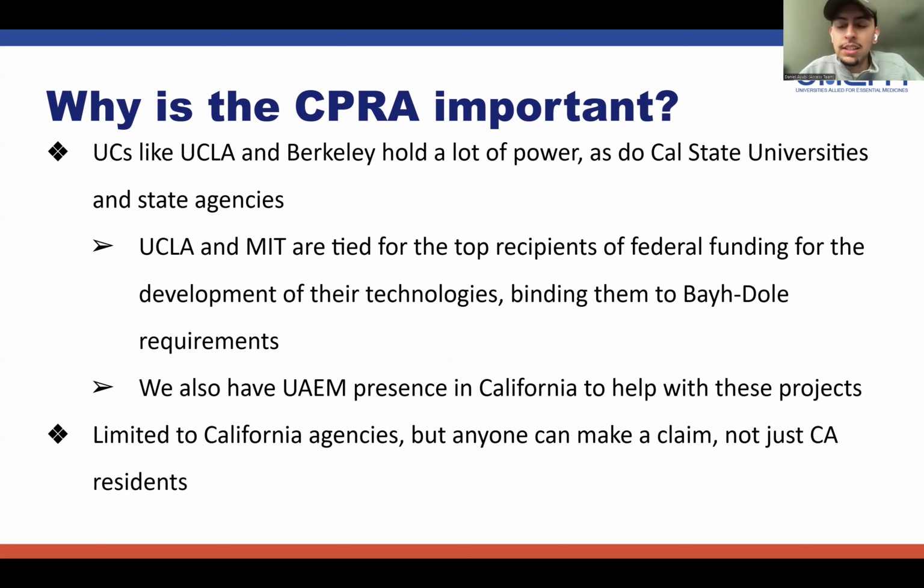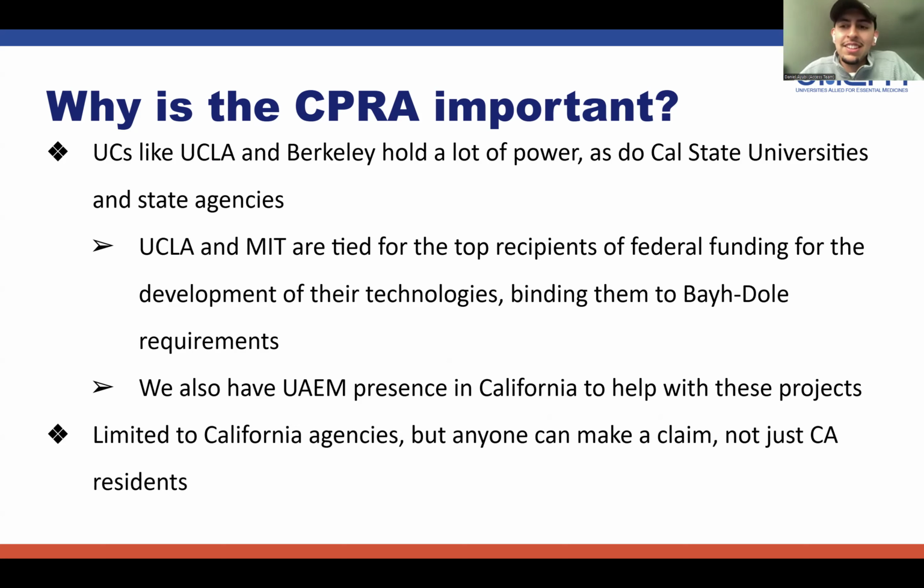And considering that these FOI statutes are easier to use in public universities, we're going to get into private universities a little later. The strong public system that California has makes it an important target for us. Also, we do have some UAM presence in California to help with these projects. I know we have some UCSC in the call, so that's nice.